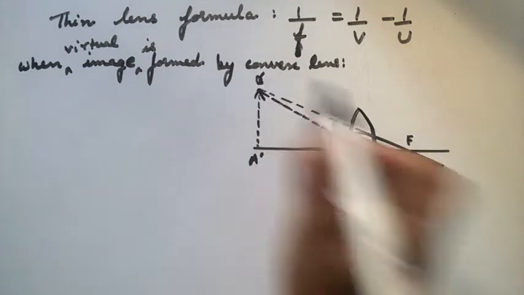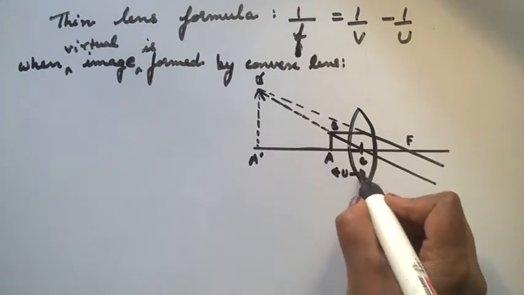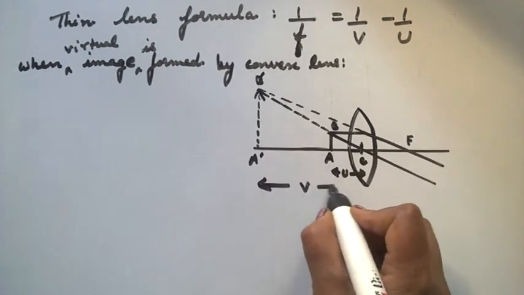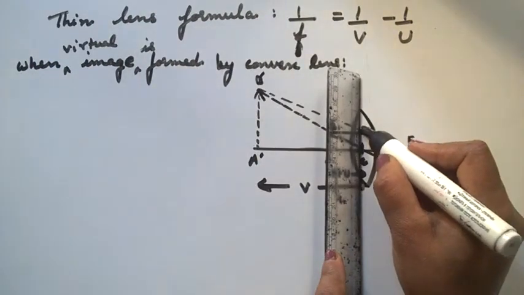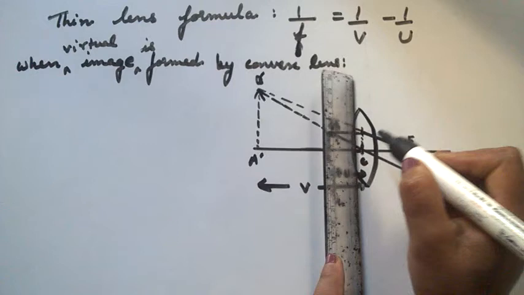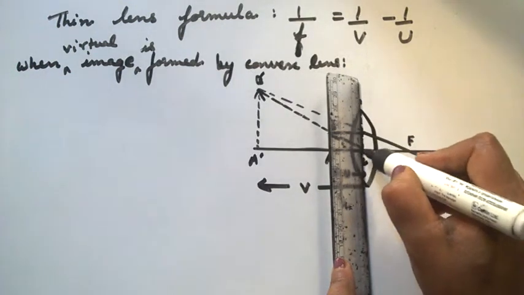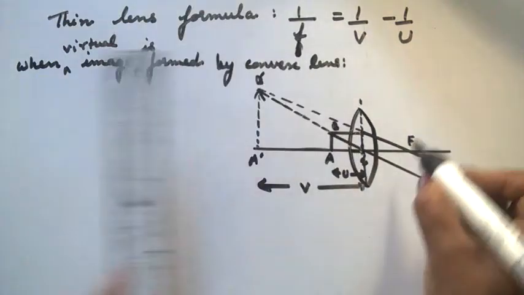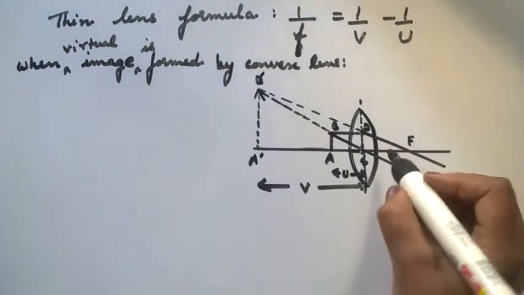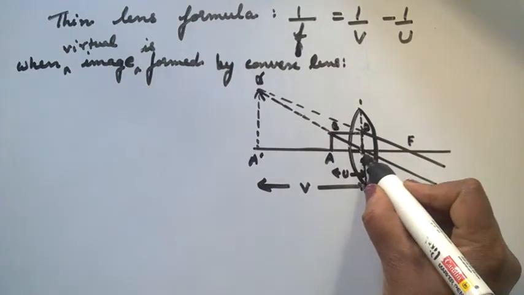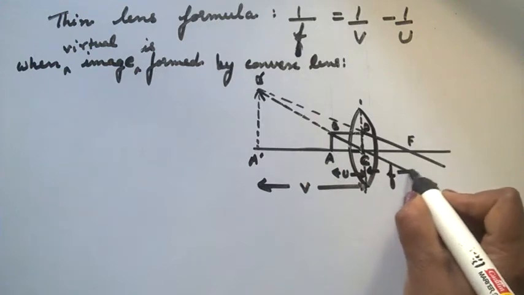Here we can see that this is the object distance, this is the image distance, and this point is the optical center, and this is a central line, this is point D. This distance from optical center to focus is small f.